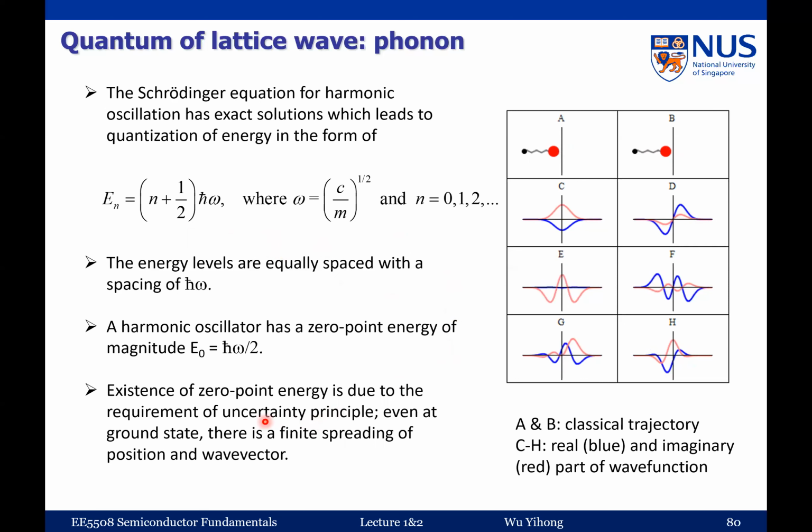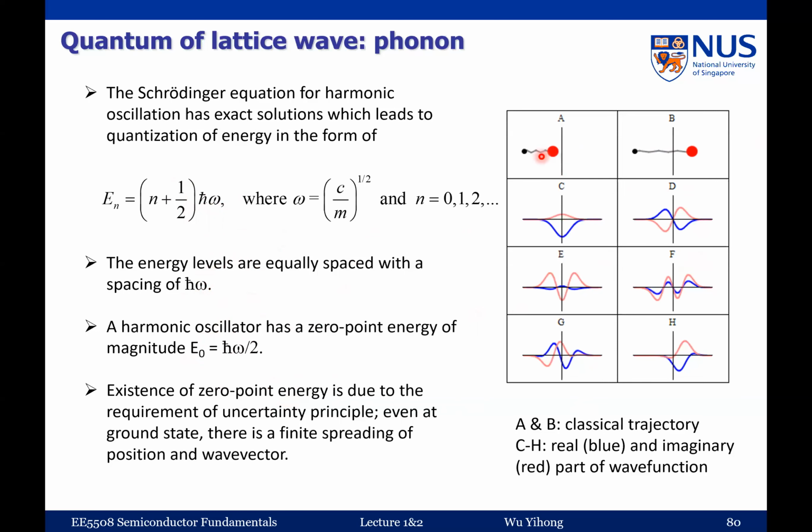This is because, due to the uncertainty principle, even at the ground state there is a finite spread of position and wave vector. So that's the reason why, even at the ground state, you still have this zero-point energy, which is given by 1/2 h omega. Okay, and then the energy takes discrete values, and the spacing between neighboring energy levels is simply h omega, right?